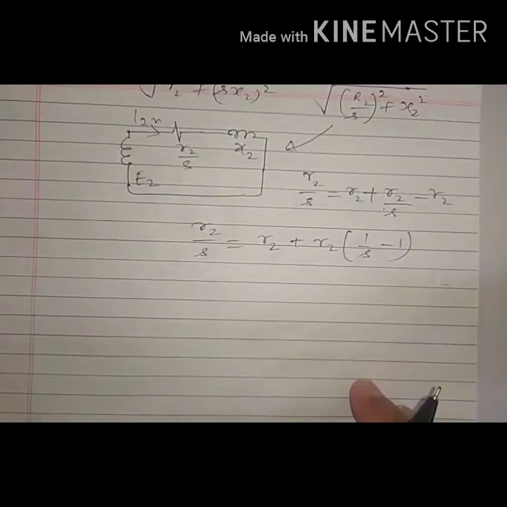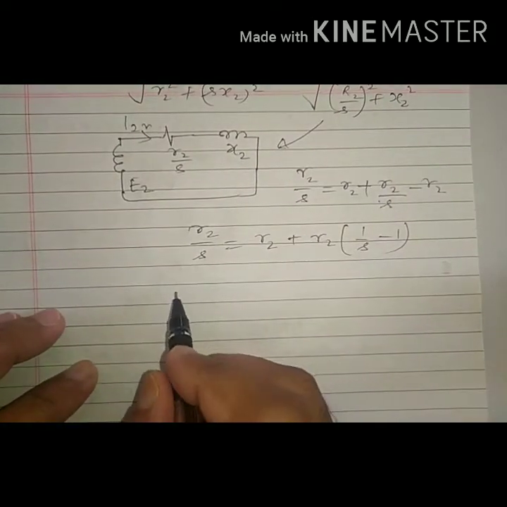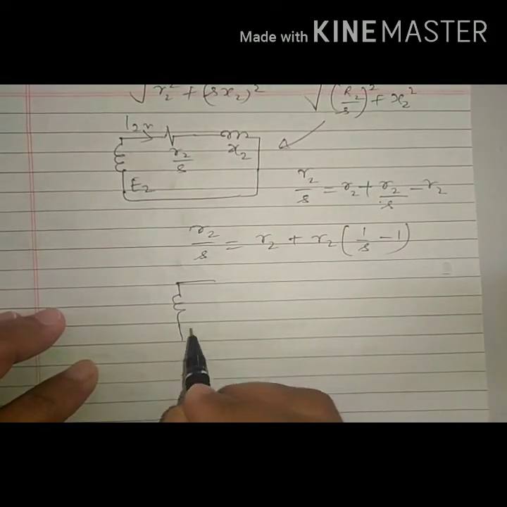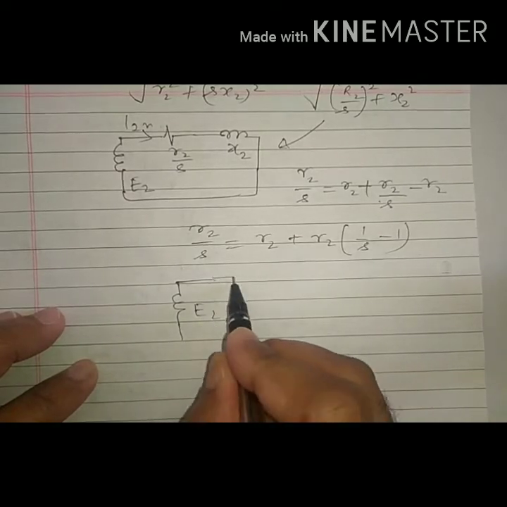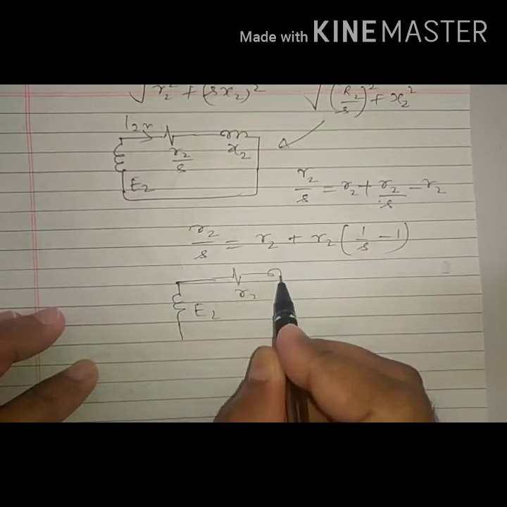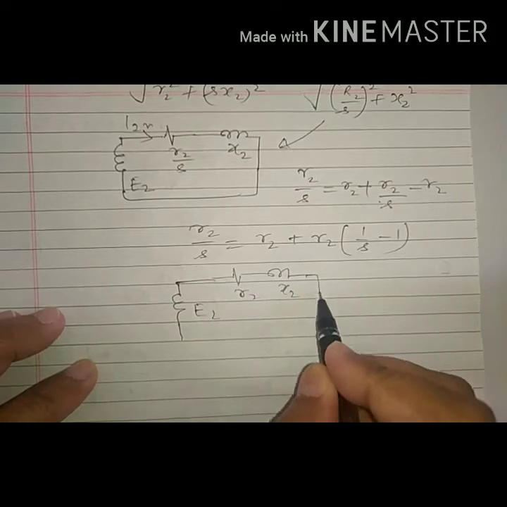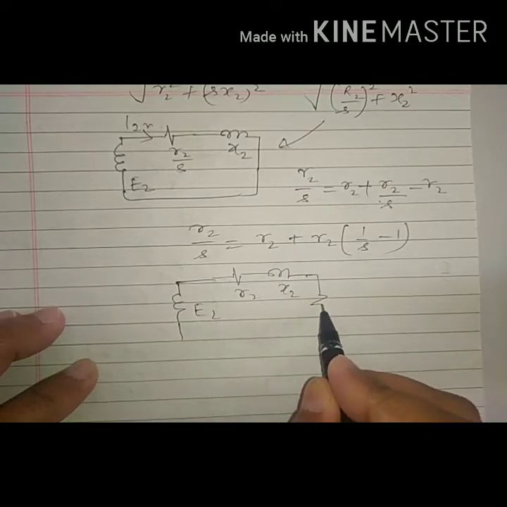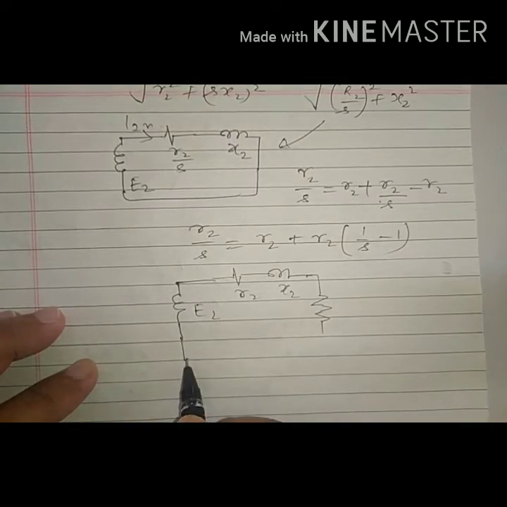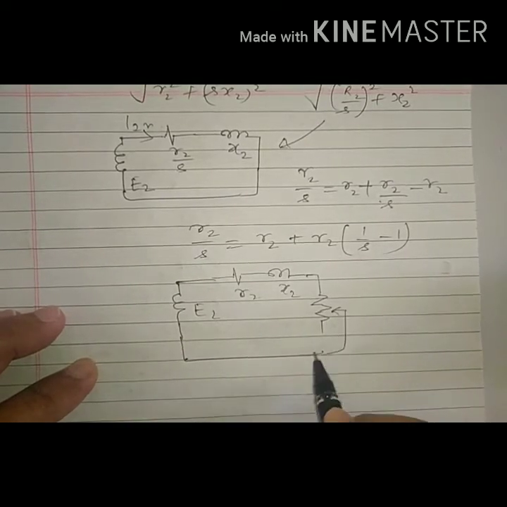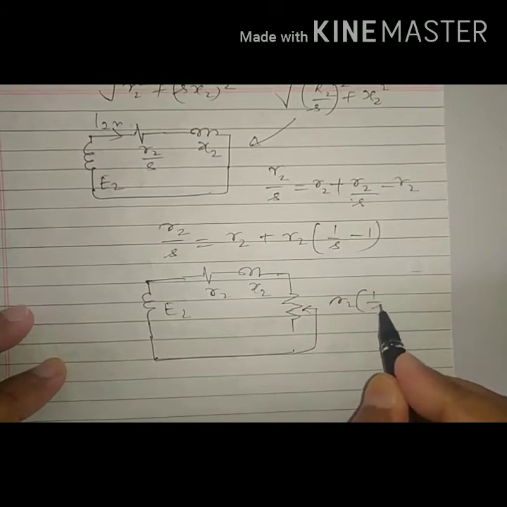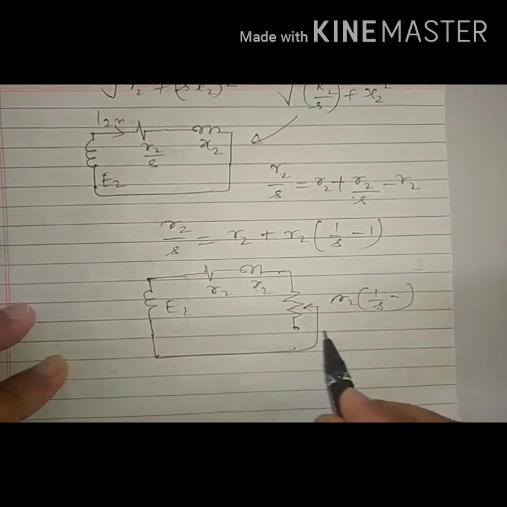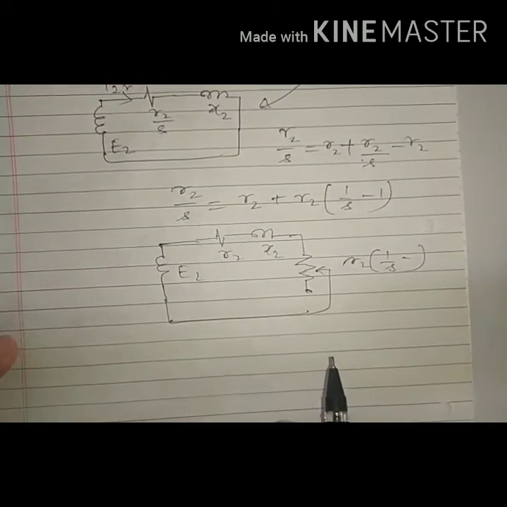Therefore the rotor circuit will be modified as E2, R2, X2, and we have this as the variable R2 (1 by S minus 1), right, because S is variable.